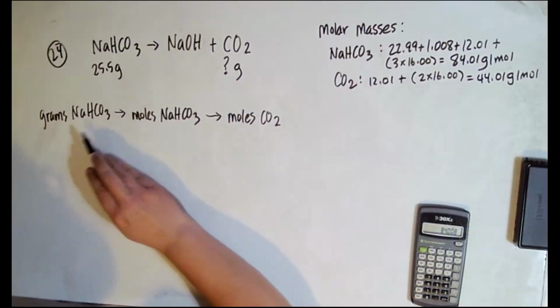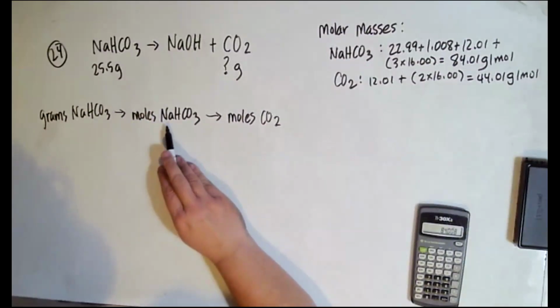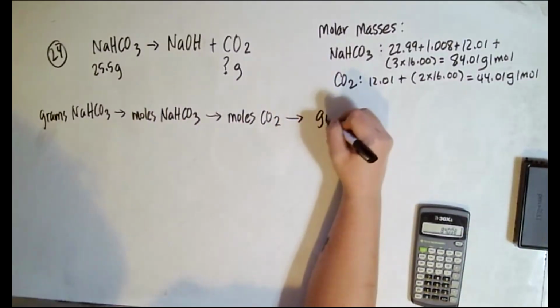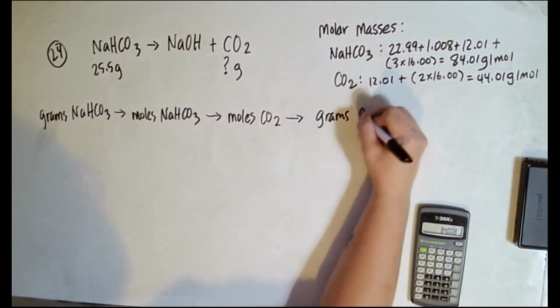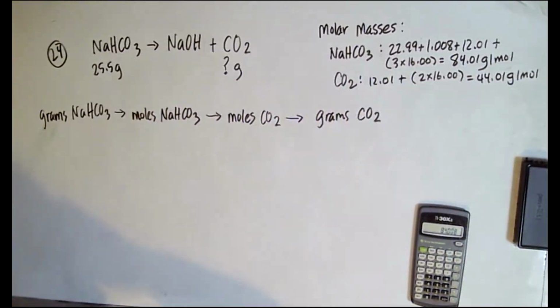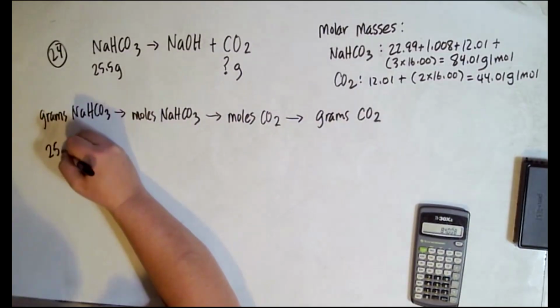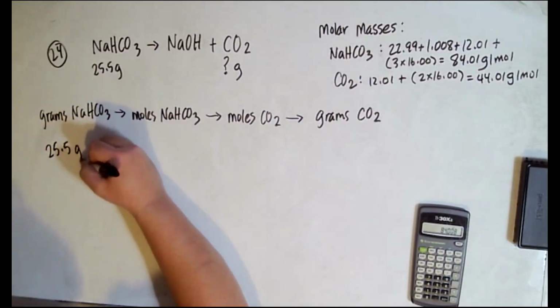So grams of NaHCO3 to moles of NaHCO3, moles of NaHCO3 to moles of CO2, moles of CO2 to grams of CO2. That's our setup steps. So we have 25.5 grams.